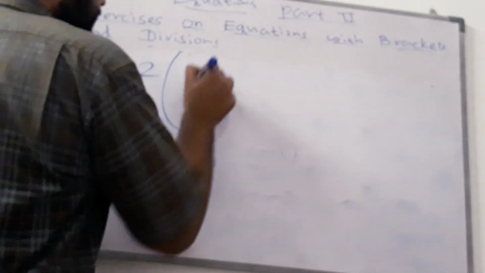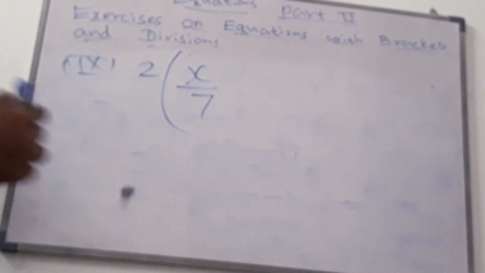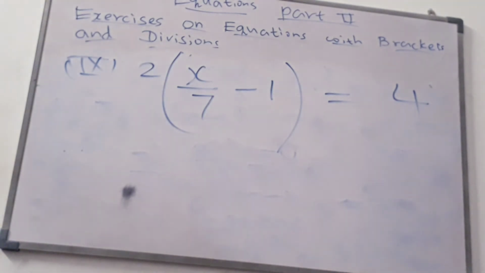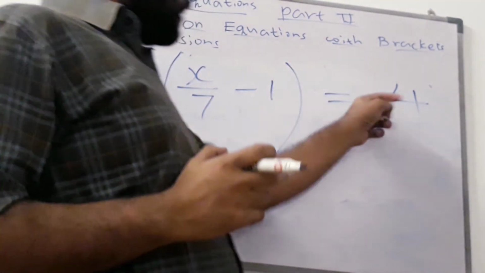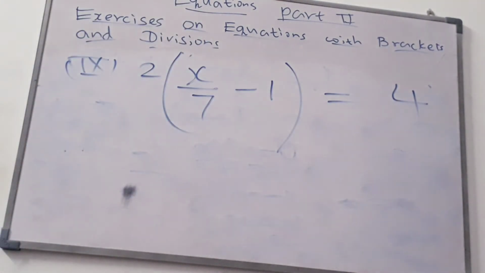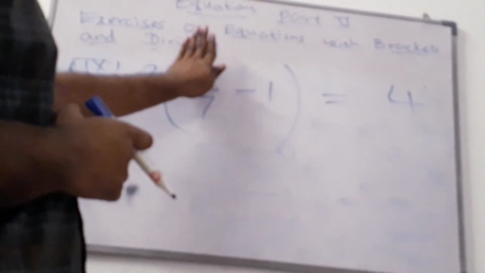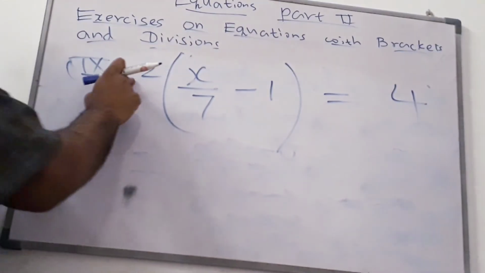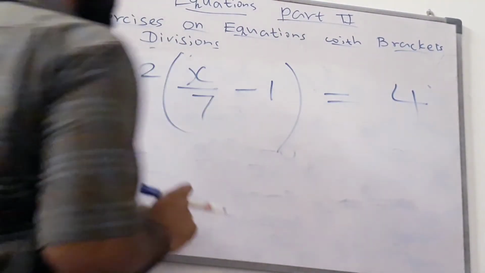Twice x over 7 minus 1 is equal to 4. Here 2 is common to both these terms and 4 is a multiple of 2. Don't think about this term. First think about the term outside both these terms.